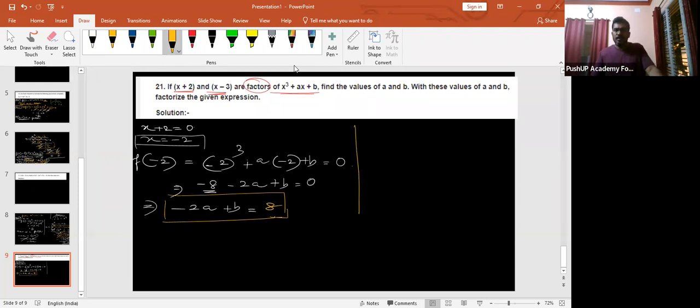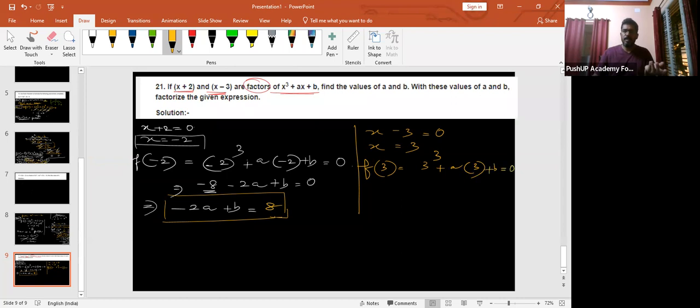Now, second case is what? X minus 3 is a factor. So let's take the value of x minus 3, compare it with a 0. So you get x is equal to 3. Right. Now, f of 3 would be equal to 3 cube plus a into 3 plus b.